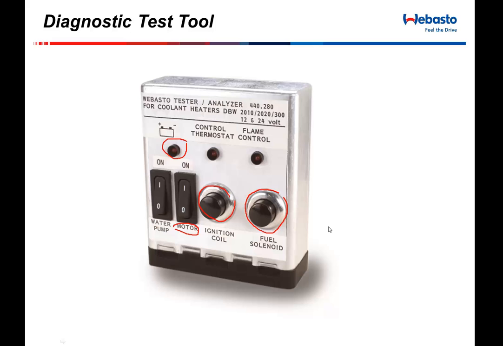If the bus just came in from being on the road, water temperature is hot, above 175 degrees, and the thermostat is open, then if I hook this box up to it, this fuel solenoid will not work until that water temperature drops back down. If all 3 pieces on top are closed, I turn the water pump on, I turn the fan motor on, I hold the fuel solenoid open, and I give it a spark with the coil, you'll actually light the heater off.